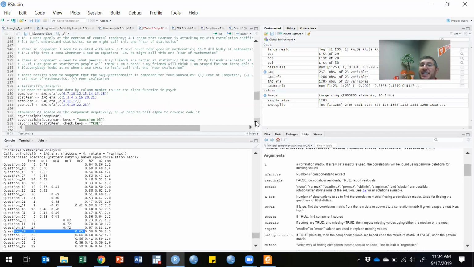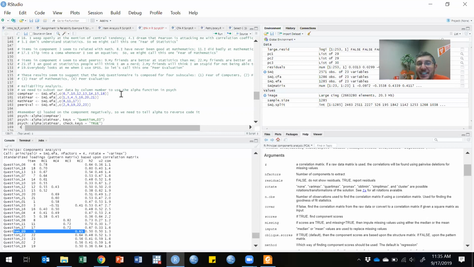So typically the next step is to run a reliability analysis, and we sort of learned how to do this in our last lecture. To be able to use the reliability analysis in the psych function, we need to subset our data. So that's what I'm doing here. I'm creating new variables called computer fear, stat fear, math fear, and peer eval, and I'm taking our data set and subsetting it by the column number.